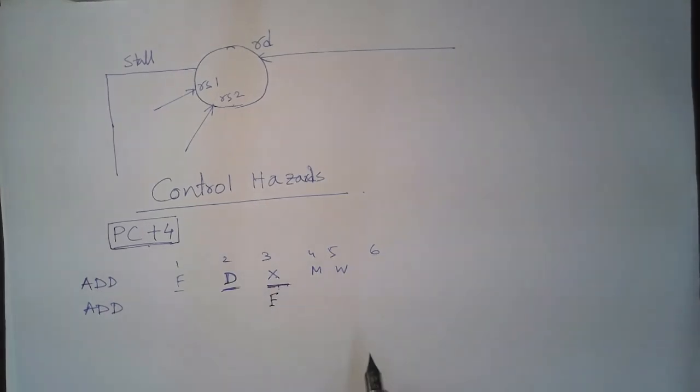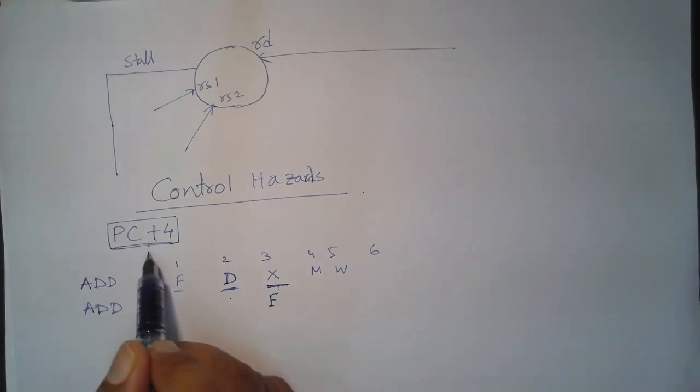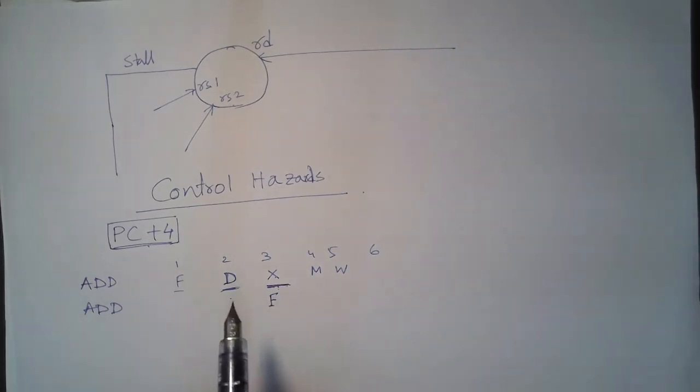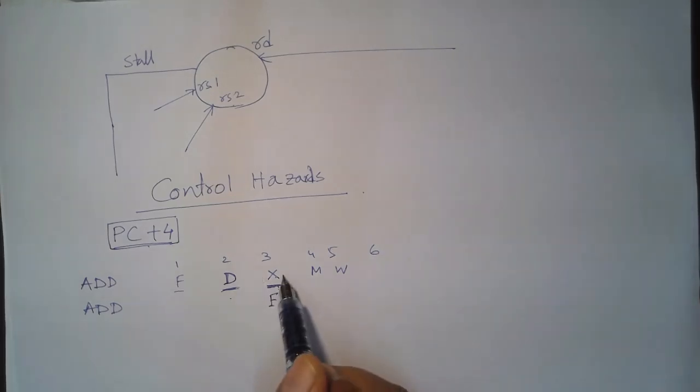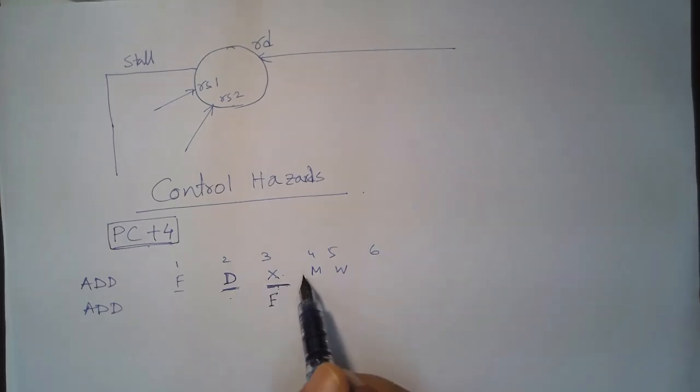And you can start fetching from there. Now you remember that our initial discussion of achieving a CPI of 1 in an ideal pipeline situation was based on the fact that we will be fetching a new instruction every cycle. Because of this restriction that I do not know where the next instruction will come from till I reach the execution stage, my CPI will go down significantly.